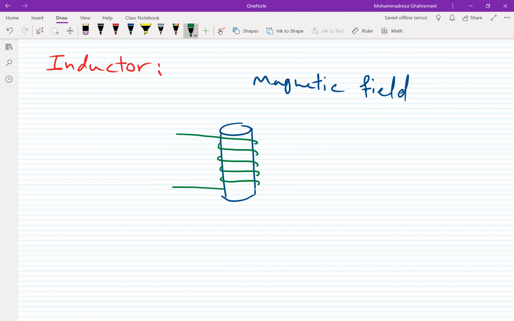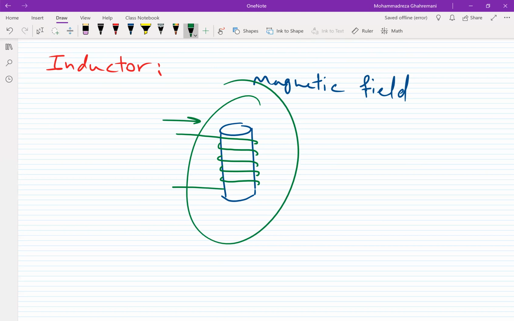When electricity flows into a coil from left to right in this direction, this will generate a magnetic field inside this coil.